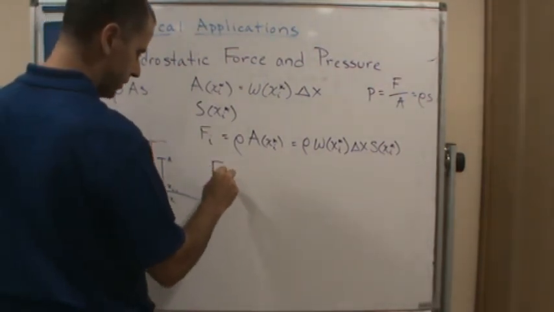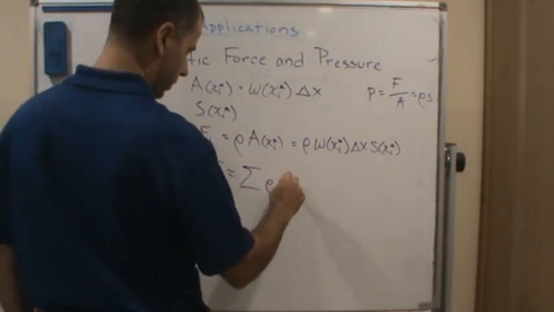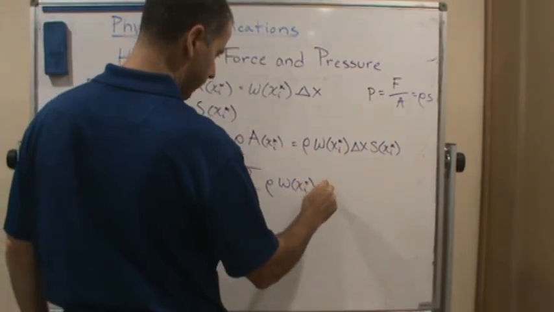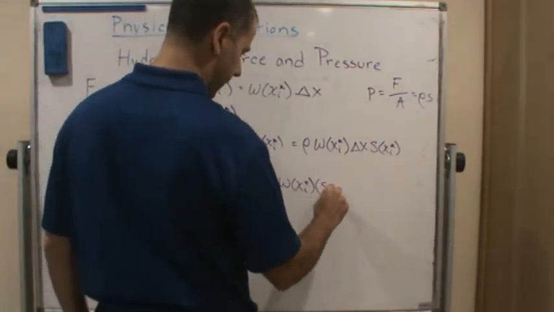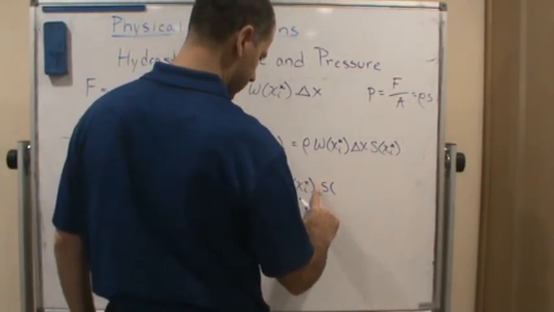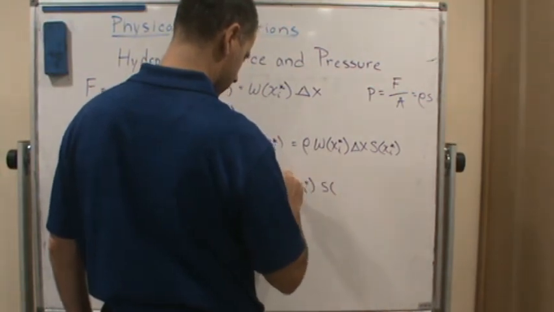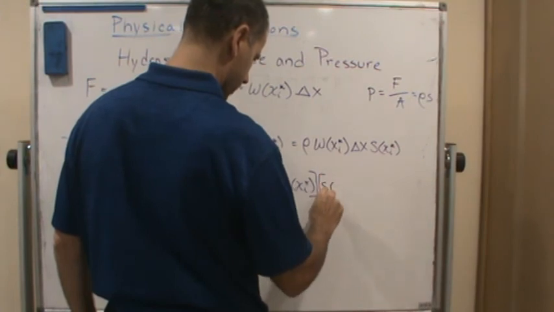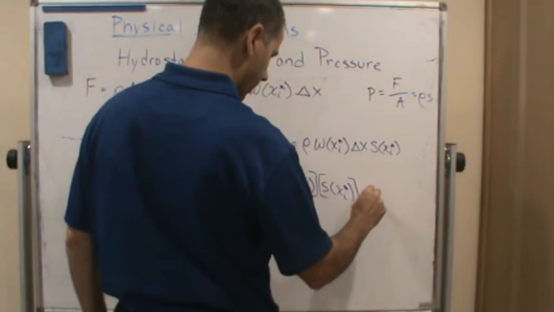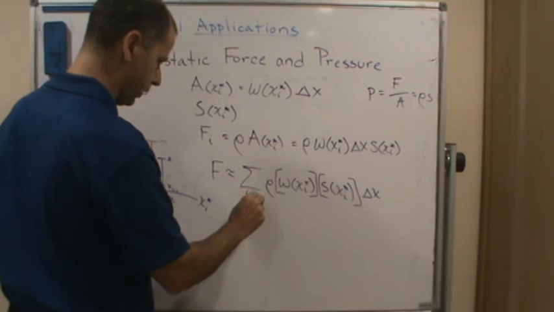Our force can be approximated by the sum of rho times w of x sub i star times s of x sub i star delta x as i goes from 1 to n.